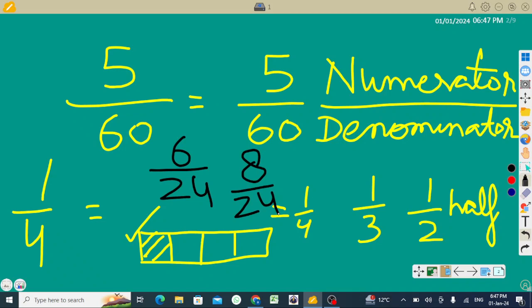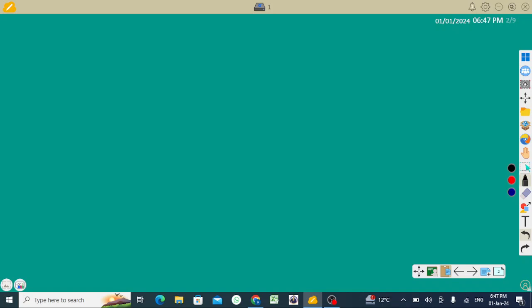And now I'll teach you another thing: how to reduce fractions into simpler numbers. So we took the fraction 6 upon 24.